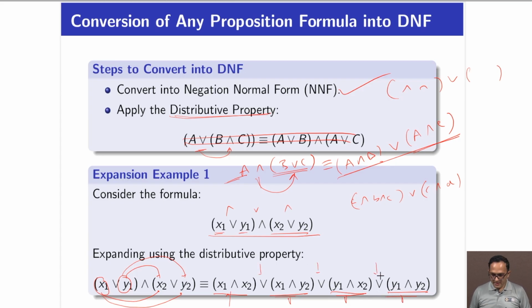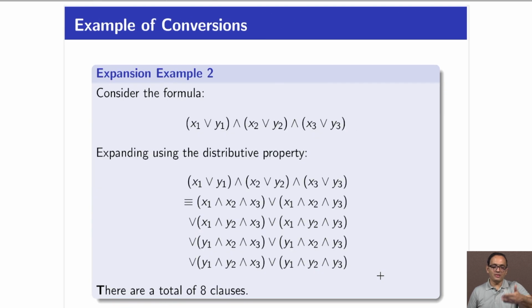Now, if I take a bigger formula, let us say I have 3 clauses, and every clause has 2 terms. Again, I will first distribute x1 over all of them, then y1 over all of them and so on. So, I take x1, x2, x3, then x1, x2, y3.